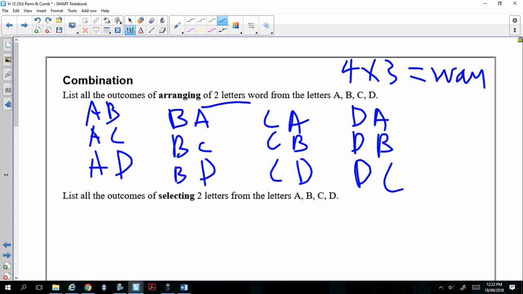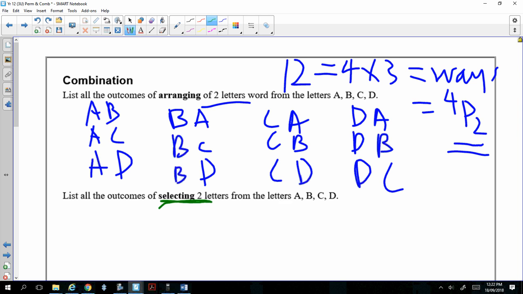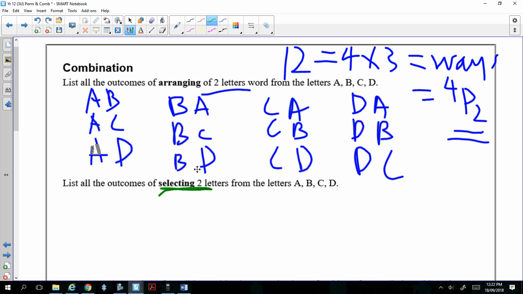That's for arranging. How about selecting? In that case, selecting A and B, AC, AD, but then BA is the same as AB because the order is not important, so we don't include that. BC we haven't done, and BD we haven't done.